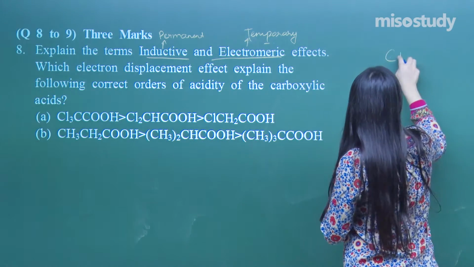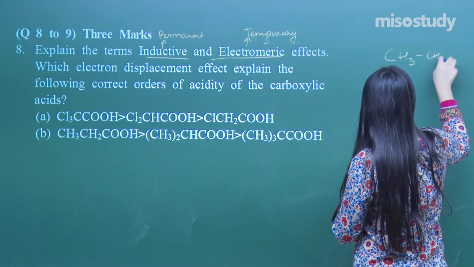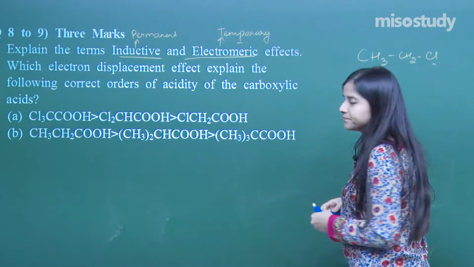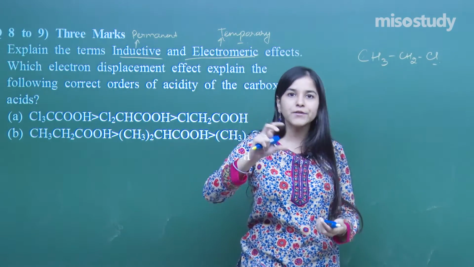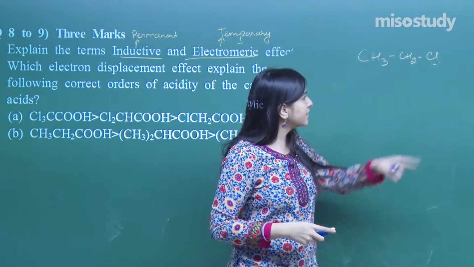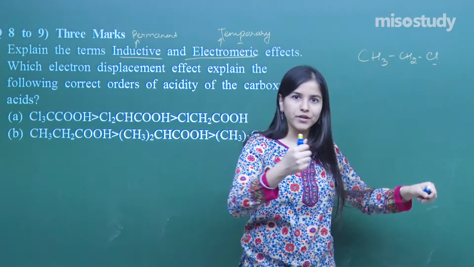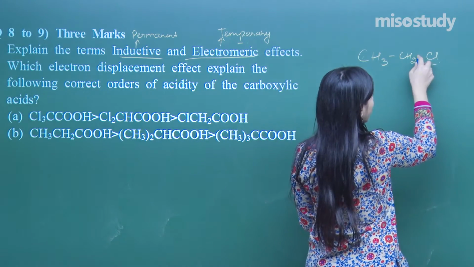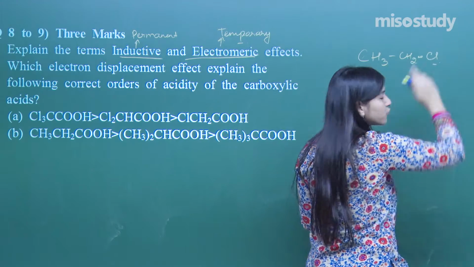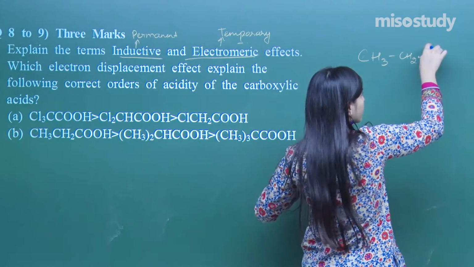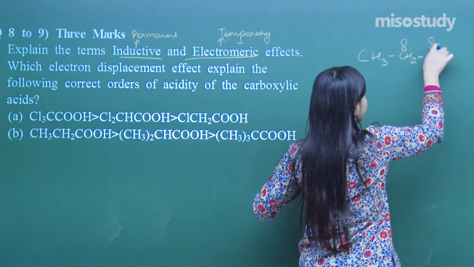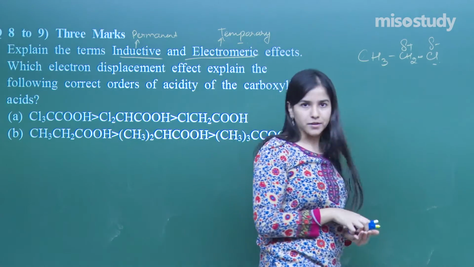So, what does the inductive effect say? See here, this is a molecule, the inductive effect will always be there. It is a slight polarization basically. Cl is a withdrawing group, so it will be withdrawing these bond electrons slightly towards itself, thereby generating a polarity in the covalent bond. Delta negative and delta positive charge will be developed, right.